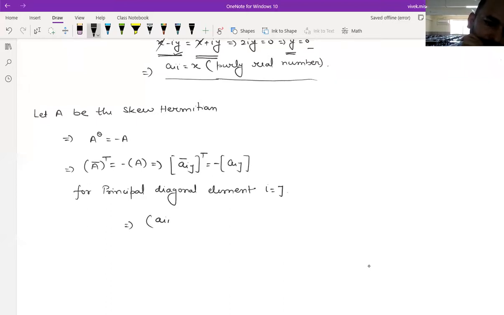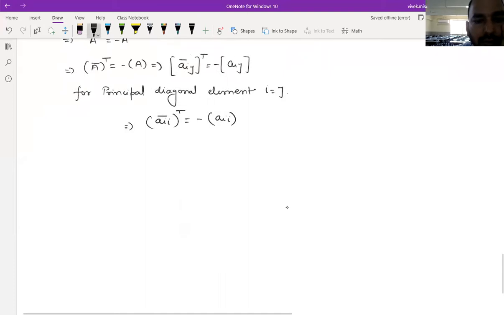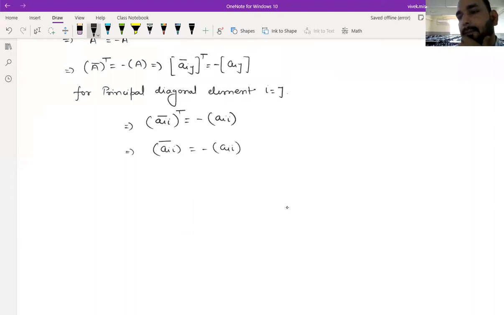So Aii conjugate transpose is minus Aii. But again it is a principal diagonal element, so the transpose does nothing, so Aii conjugate is minus Aii. Call this star. If Aii is 0, then star is satisfied.